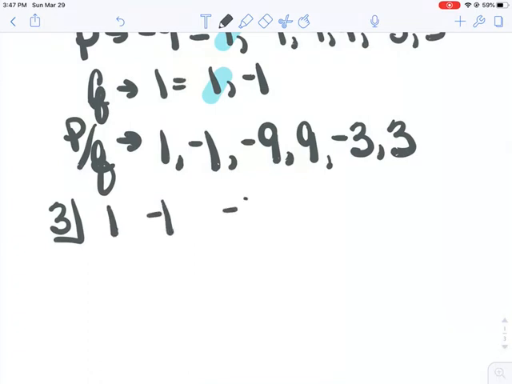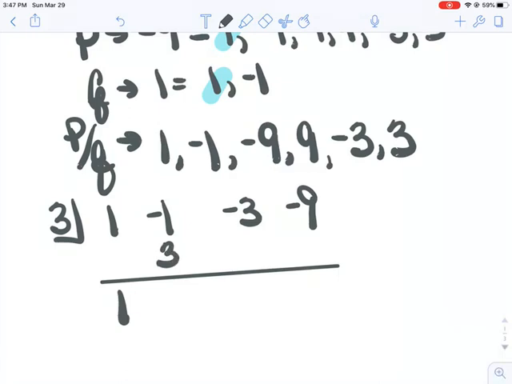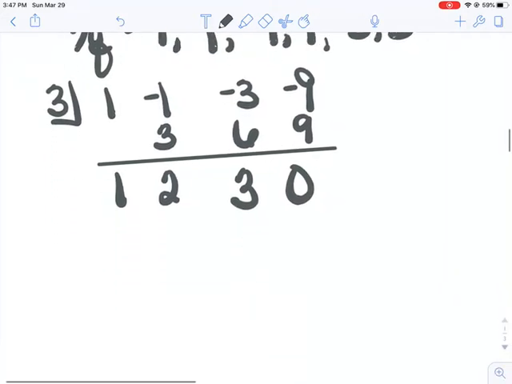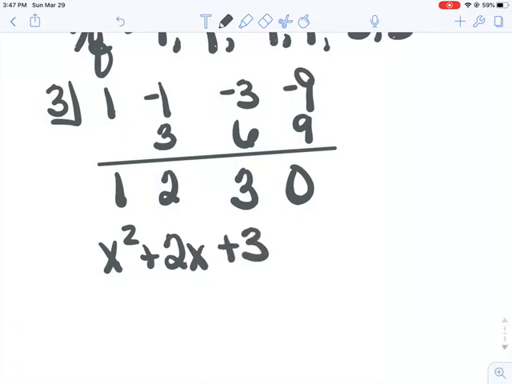So we have 1, negative 3, and negative 9. Now, according to Desmos, this should have a remainder of 0. And it does. Now that gives x squared plus 2x plus 3 as my quadratic quotient.